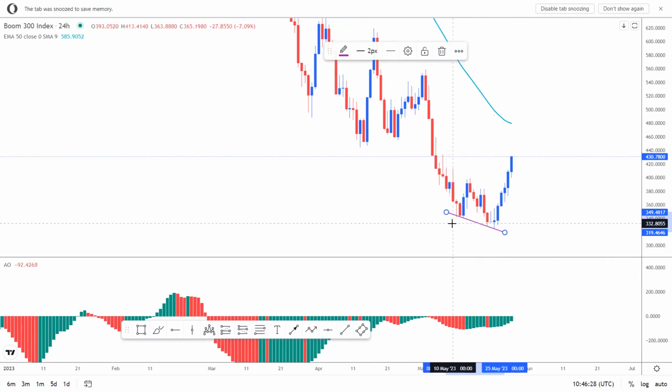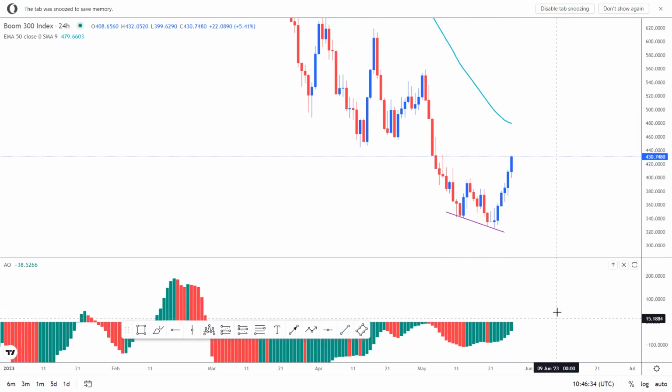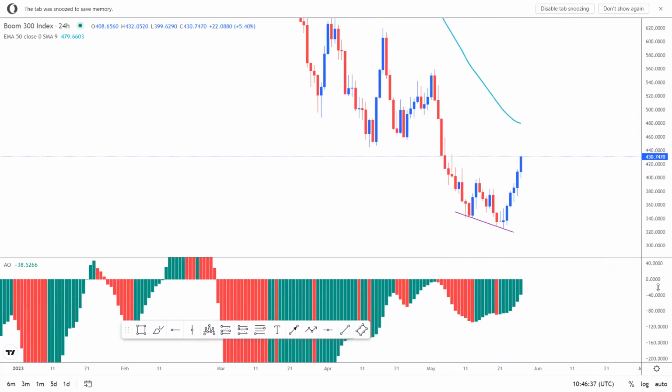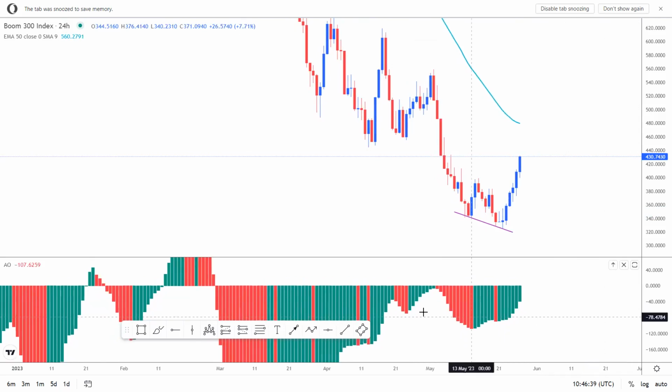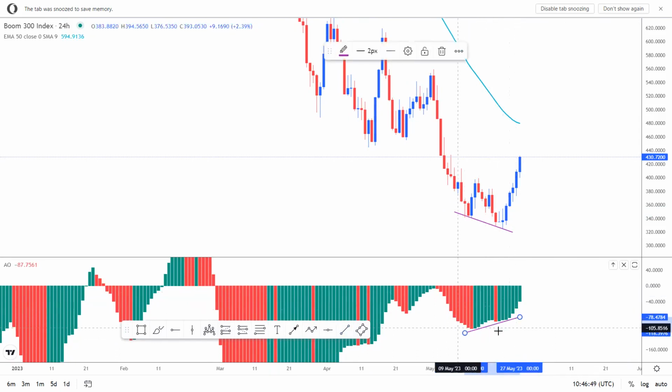So price clearly presented us a lower low right here. But as opposed to that, we can see the awesome oscillator indicator presenting us a higher low.